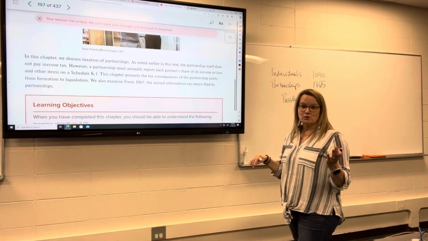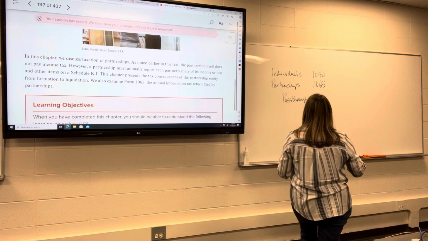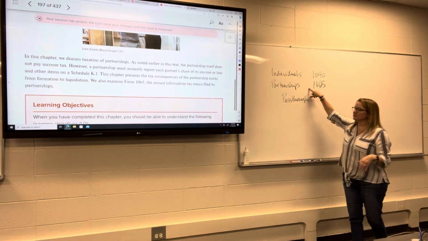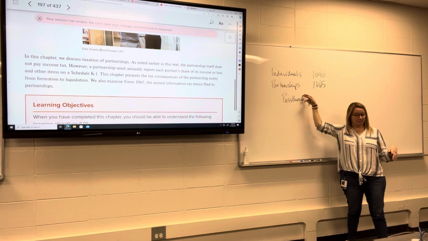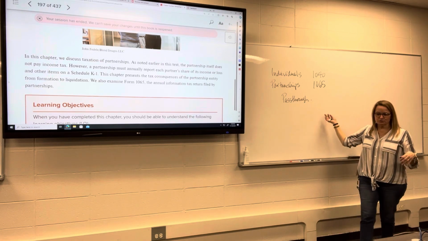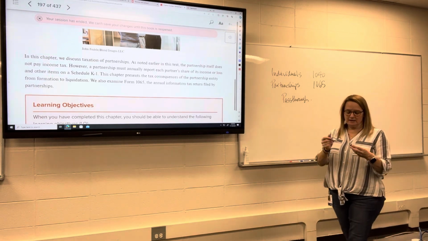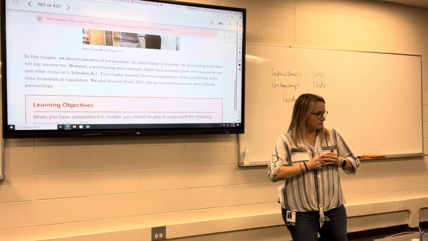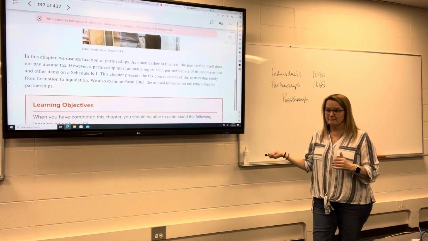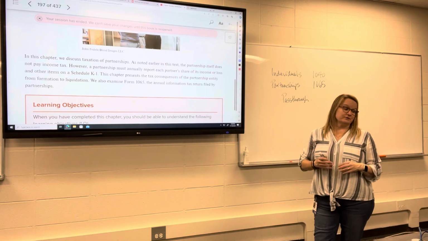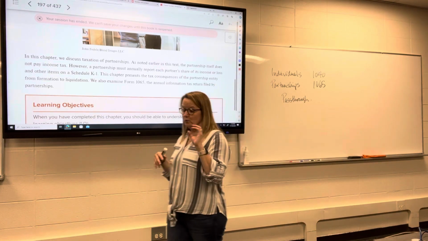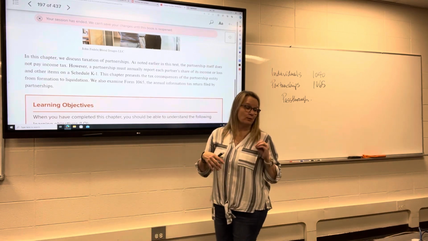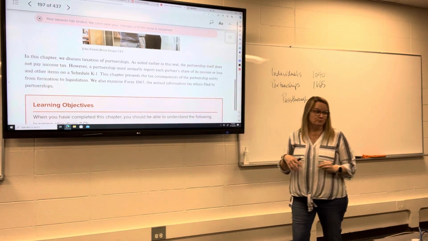So each partner is going to have to pay tax on any income that is attributed to them from the partnership, or they may get to offset any other income on their tax return if they have losses from that partnership. But there's certain times where, again, this is where basis is going to come in with regard to losses and how we report those losses to partners.